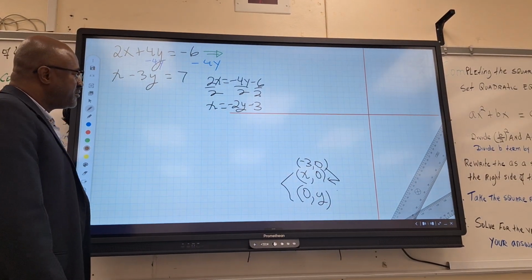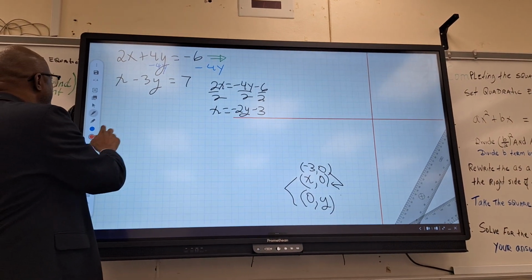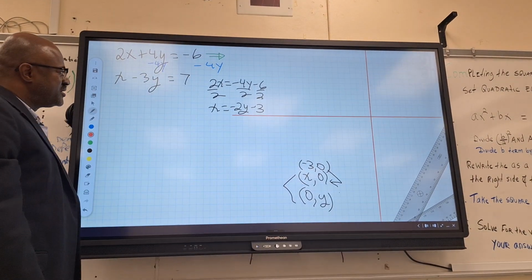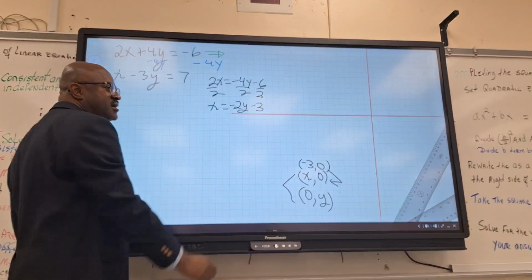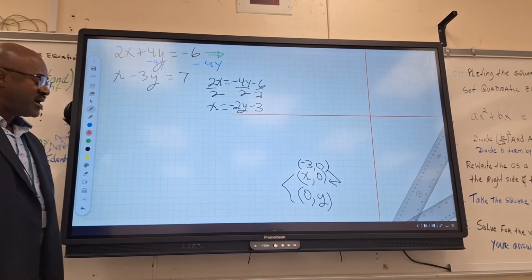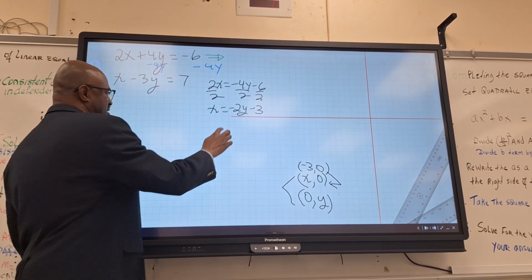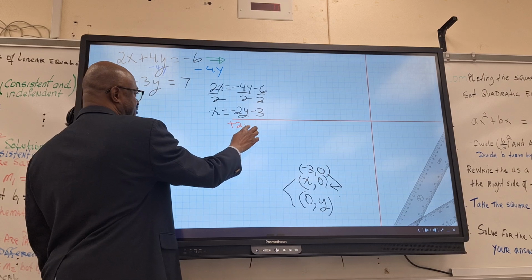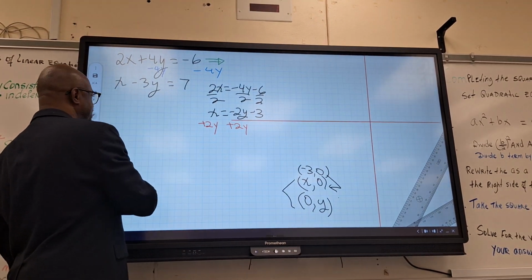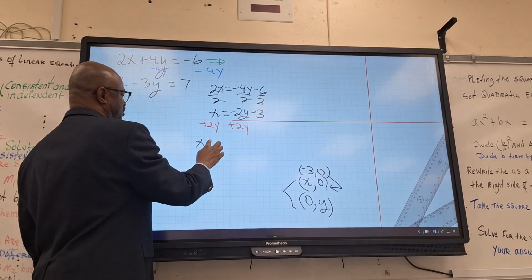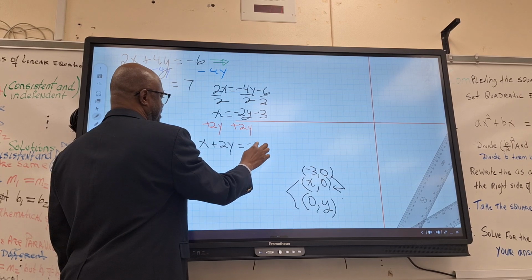Now here we're just going to solve for y. It is going to be the y-intercept. Do you have to go back to the original equation? No, not necessarily. You can solve here for y, then it will be in y-intercept form. In this case, what will you do? Add 2y to both sides. Then you will end up with 2y plus x equals negative 3.